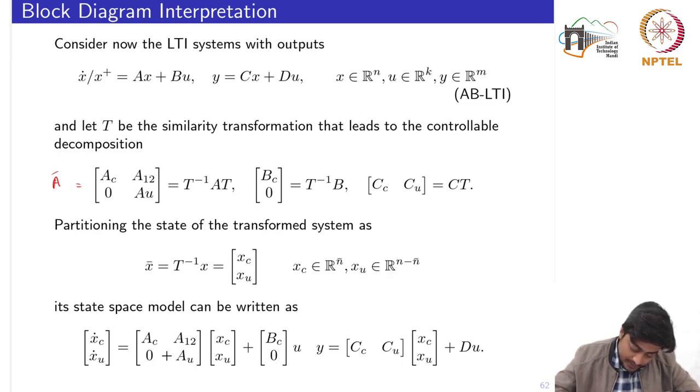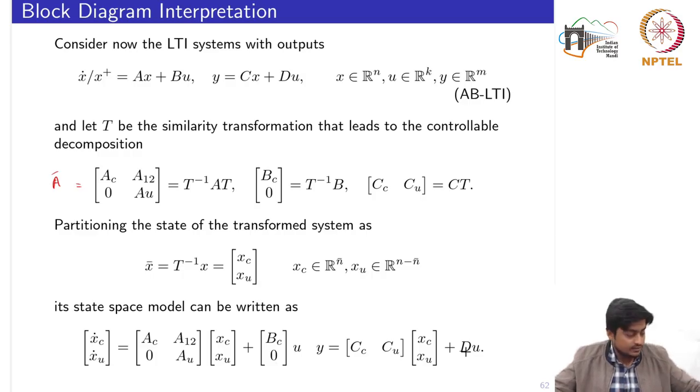So here we can see straightforwardly that U and x c do not have any influence on x u. So this part has been completely removed from the controllable representation. Okay, the D matrix won't change, as we had seen in the similarity transformations.